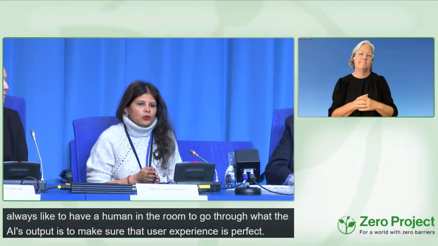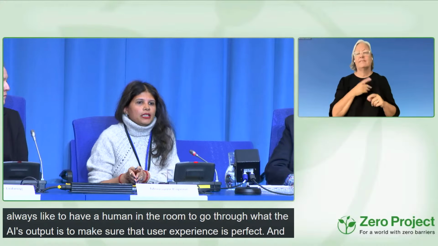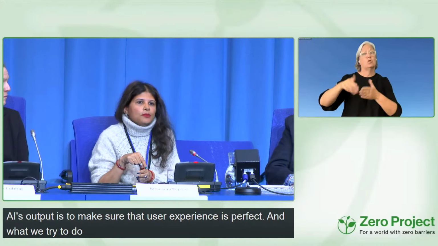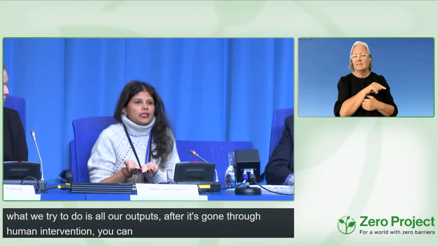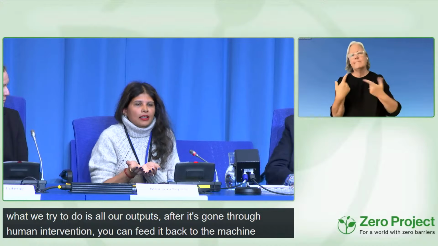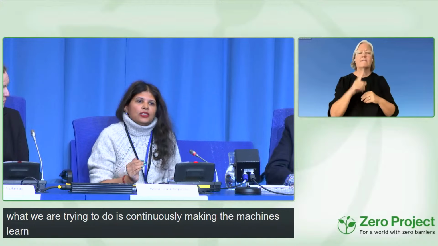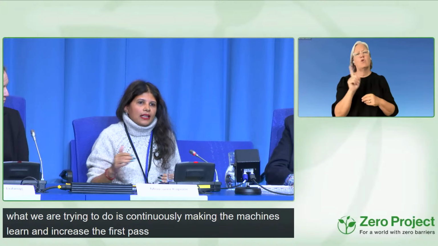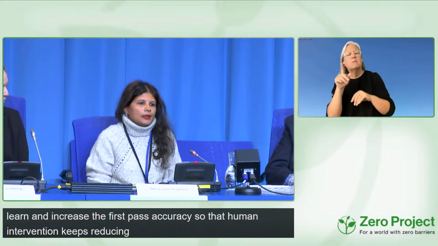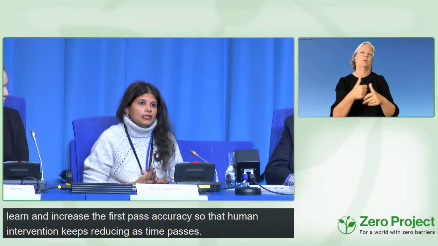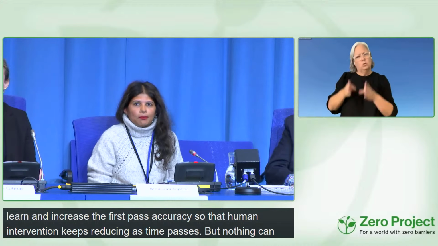What we try to do is take all our outputs, after they have gone through human intervention, and feed them back to the machine. So we are continuously making the machines learn and increase the first pass accuracy, so that human intervention keeps reducing as time passes. But we definitely need the human in the loop. You cannot supplant that.